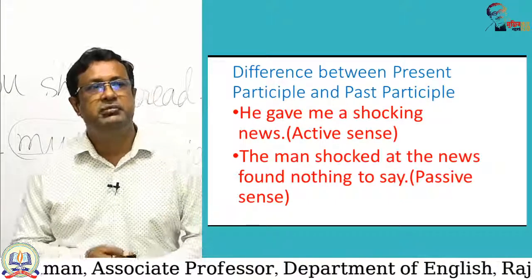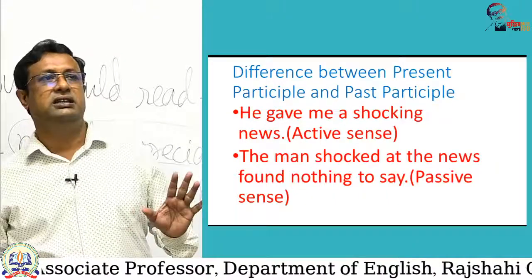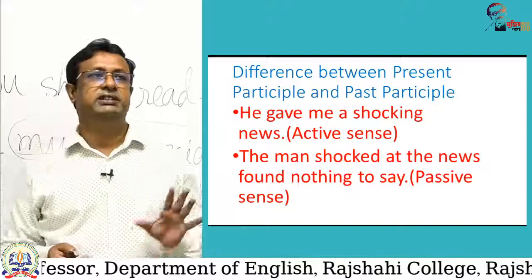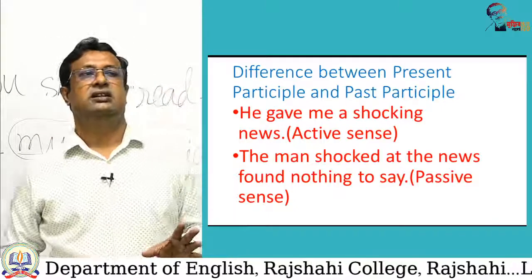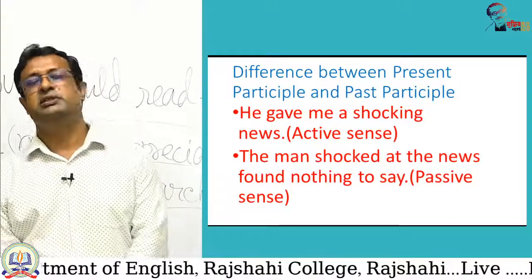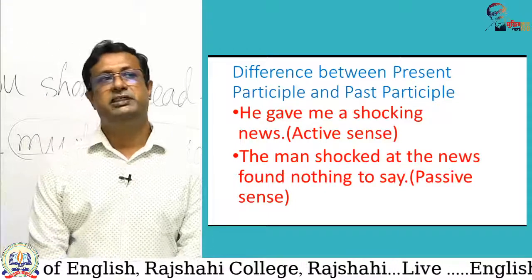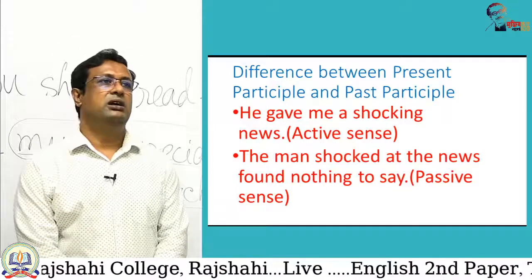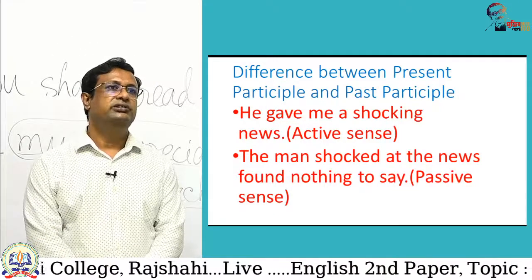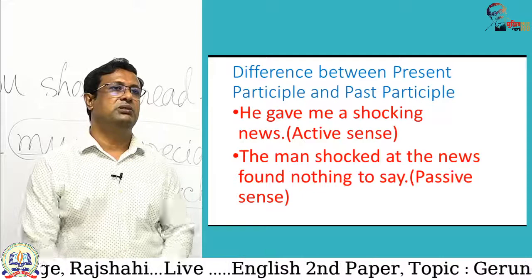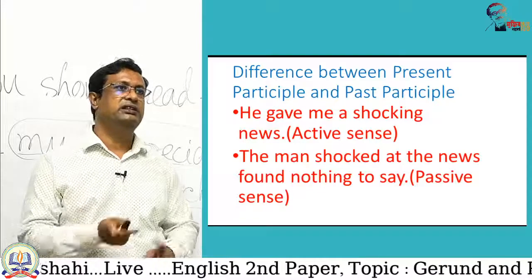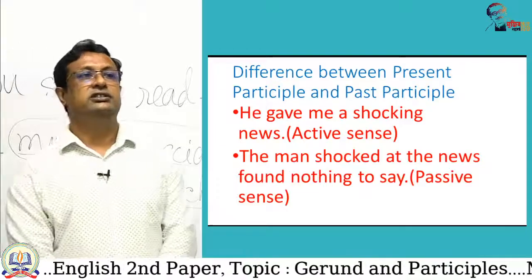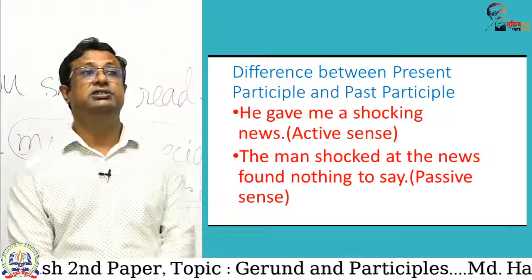So, the man is here a subject, but this subject is a passive subject, and the modifier shocked has been used as a passive sense. But it is related firstly to man here, not to news, and the man does not shock, rather he is shocked.